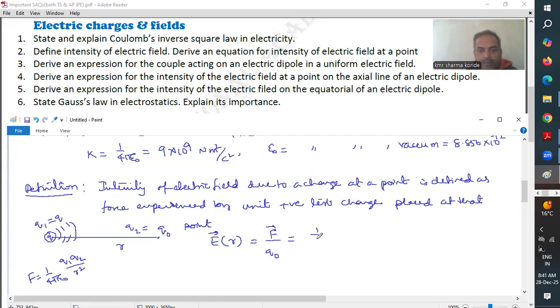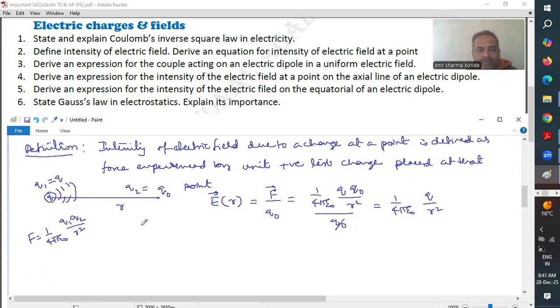Once you place Q naught, it experiences the force of attraction or repulsion. This is the force part, divided by Q naught as per the definition. So Q naught gets cancelled, and finally we get 1 by 4 pi epsilon naught Q by R square.